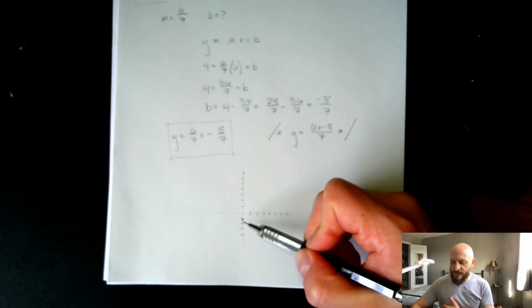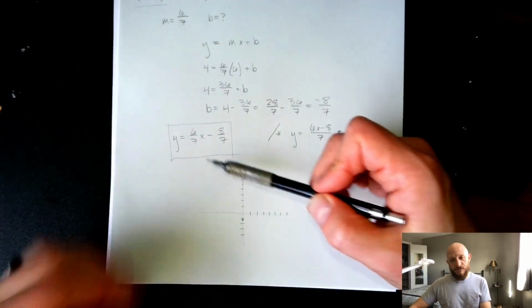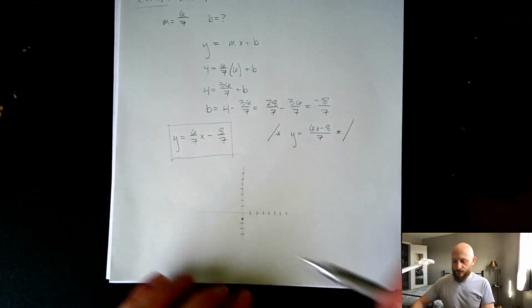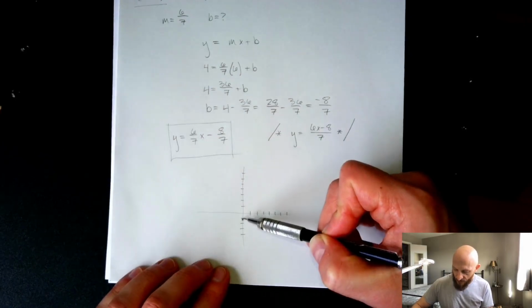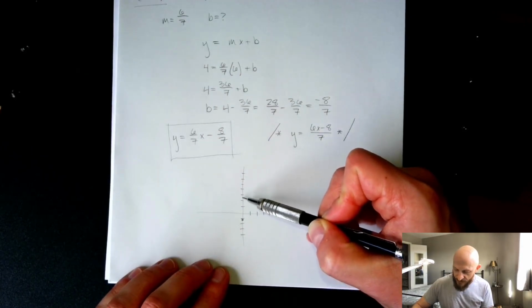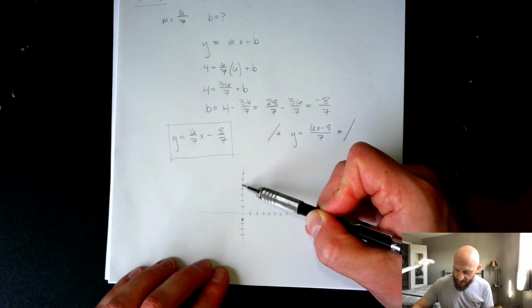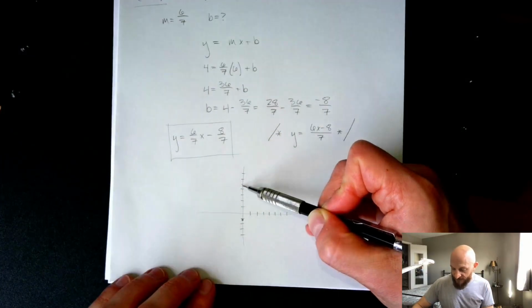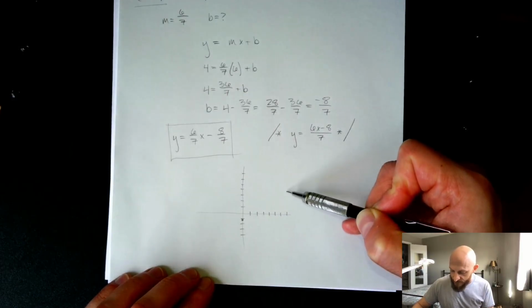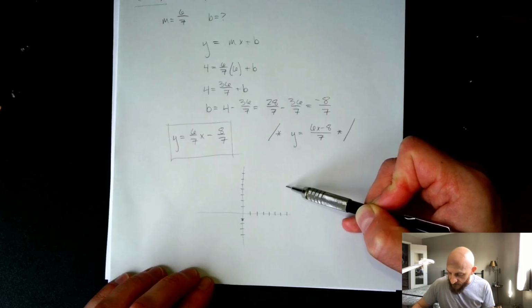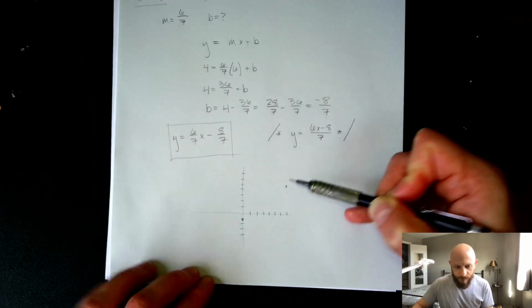But now that I have this, I use my slope, which is rise over run, to find a new point. It rises by 6 units, 1, 2, 3, 4, 5, 6, and then it runs 7 units, 1, 2, 3, 4, 5, 6, 7. So about right here, yeah?